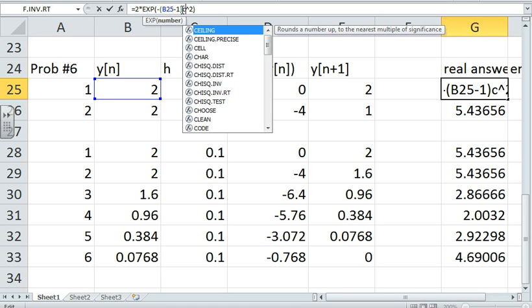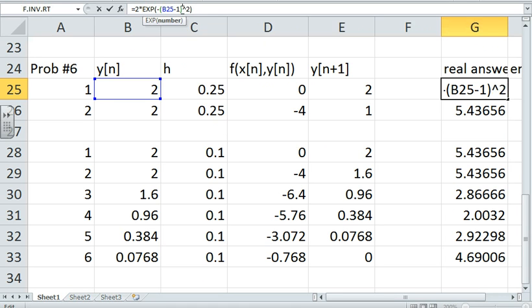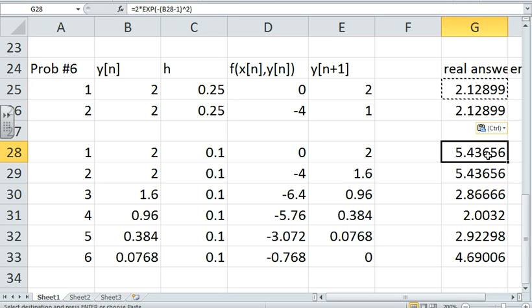C times C25, parentheses, equals. Control copy, control paste, control paste.